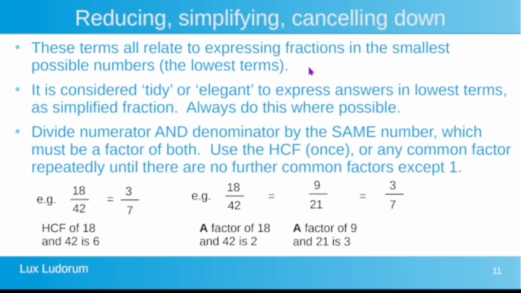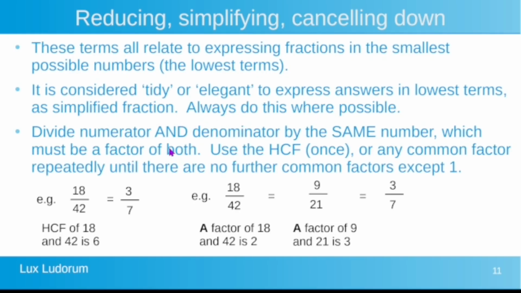These terms all relate to expressing fractions in the smallest possible numbers, also known as the lowest terms. It's considered tidy or elegant to express answers to calculations that are fractional in the lowest terms as simplified fractions, and you should always do this where possible.